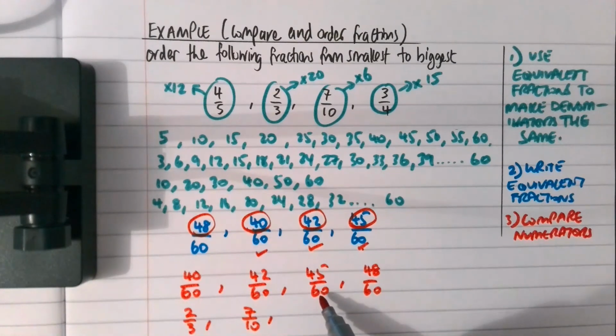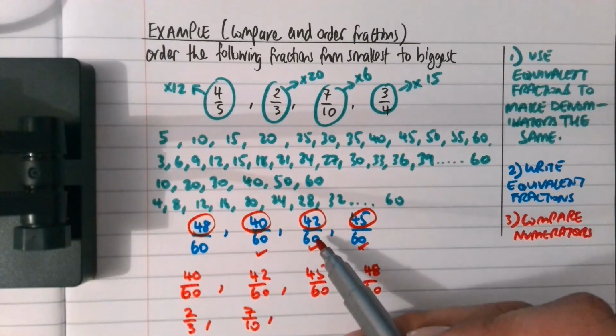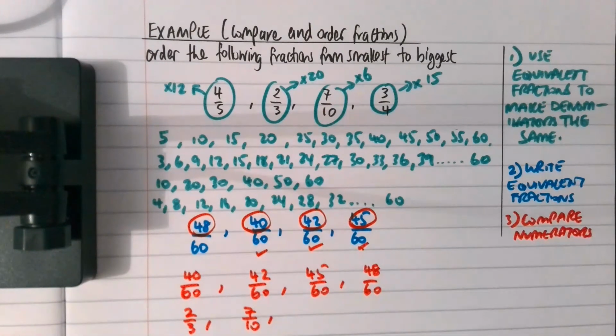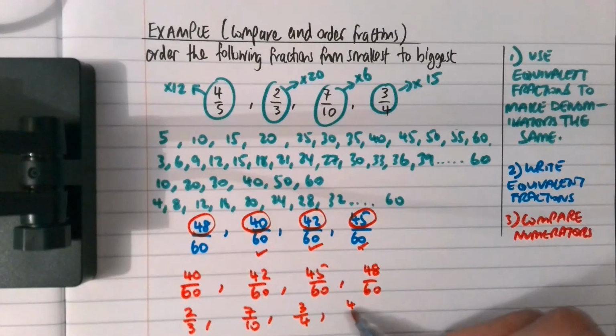And 48/60 was 4/5. Okay. So again, we're just trying to identify the original fractions, because the fractions with the denominator of 60 were the scaled up versions, and we want to write the answer with the original versions.